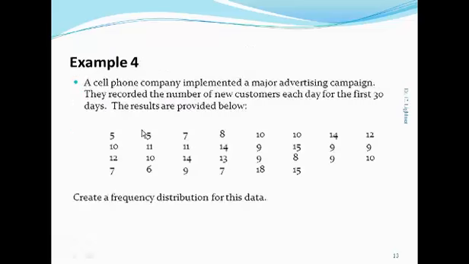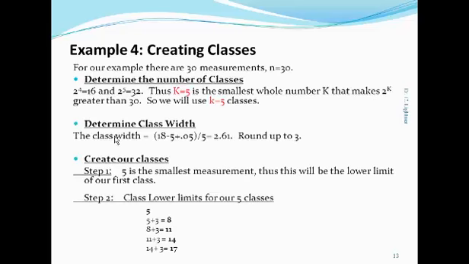Our smallest value is 5 plus 0.01 divided by k equals 5, the number of classes that we selected in our first step. This equals 2.61. Recall, we can always round up our class width to the nearest integer to simplify our process.